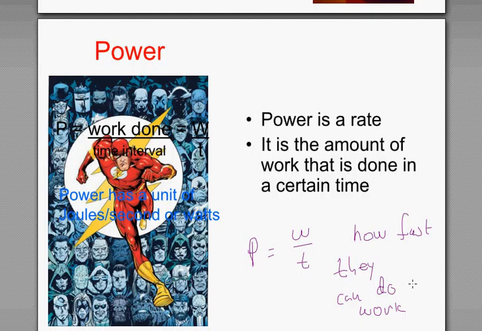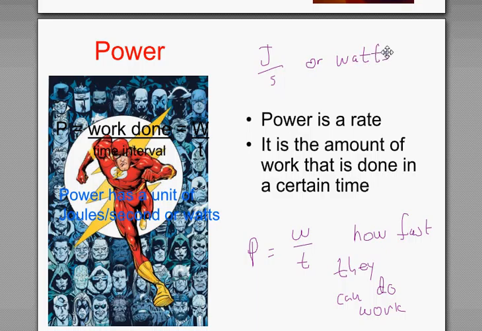The more powerful you are, the faster you can accomplish tasks, the faster work can be done. And the unit for power is going to be joules divided by seconds, or watts.